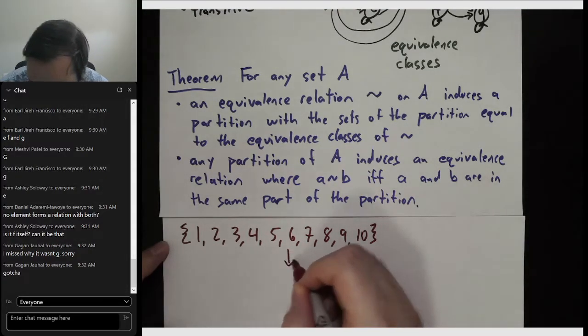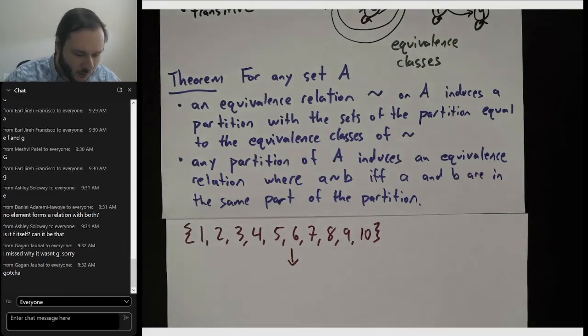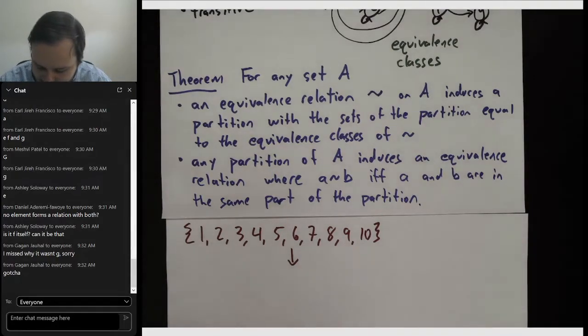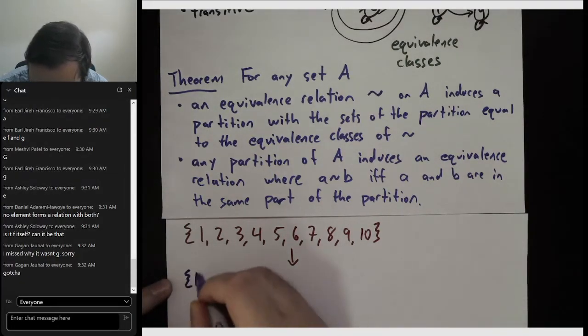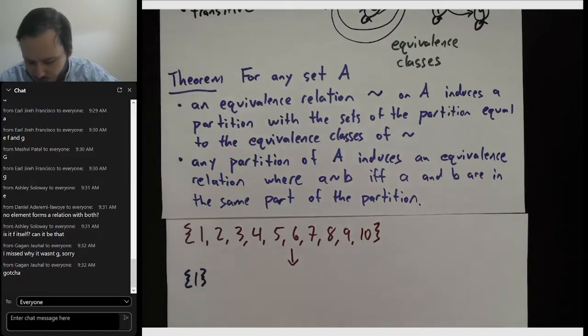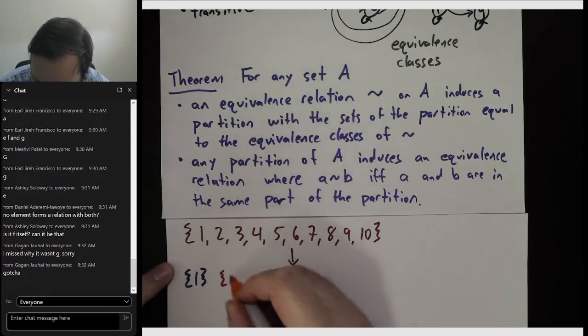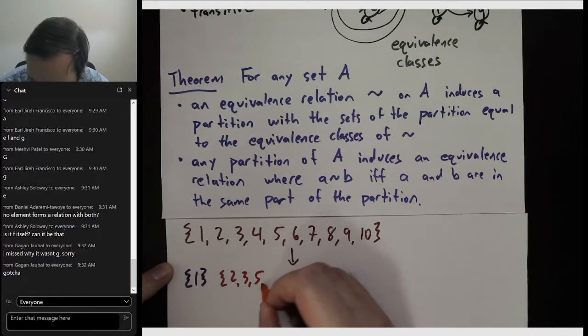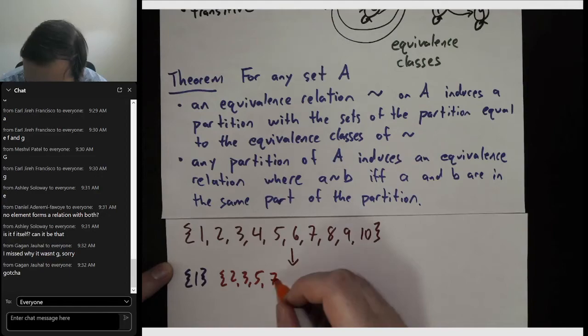So I'm going to break this up into 1 has no prime factors, so it gets to be a set all by itself. And then the prime numbers get a group. 2, 3, 5, 7. That's all of them.